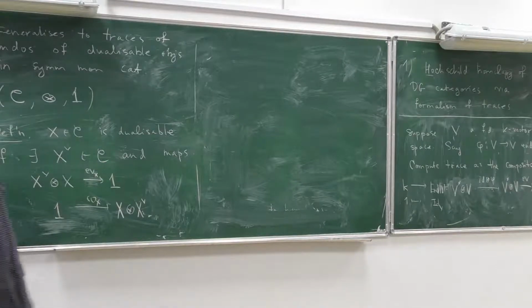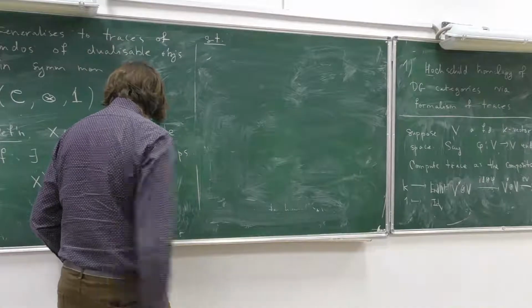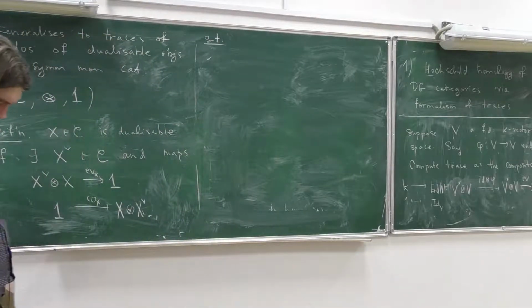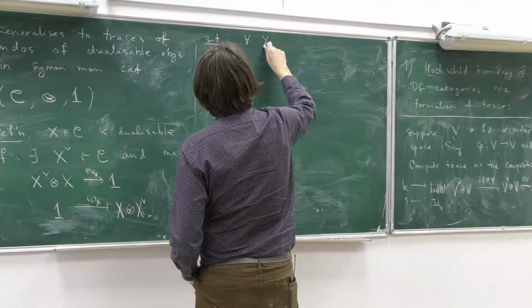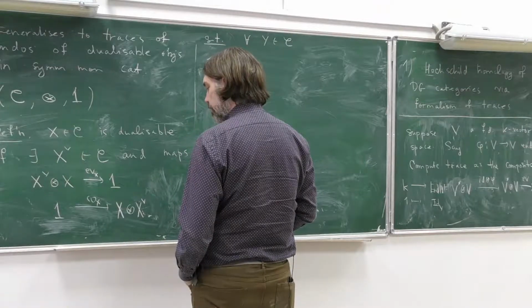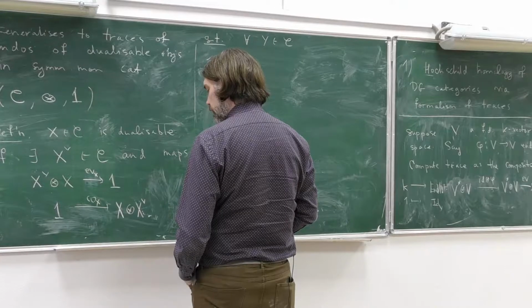So such that, let's see if I get this right. So for all y, I think it's for all y, yes. We should have the following. So let me get this right.